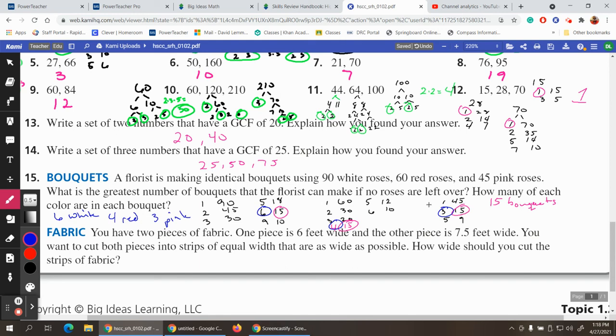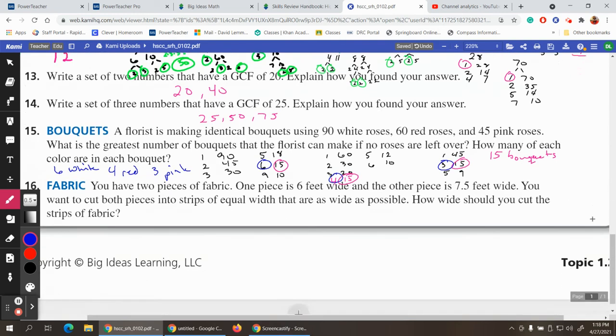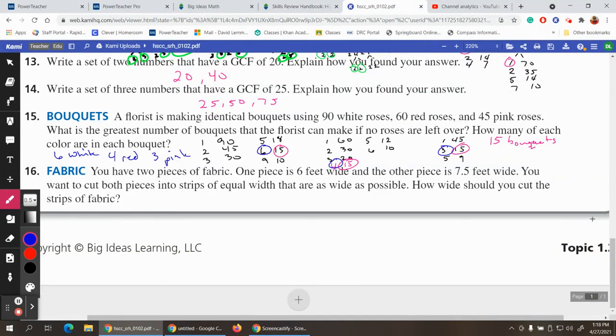Okay, so this is one of those where you have to turn feet into inches, so that you can get them into common units. So 6 times 12 is 72 inches. And 7.5 times 12 is 90 inches.